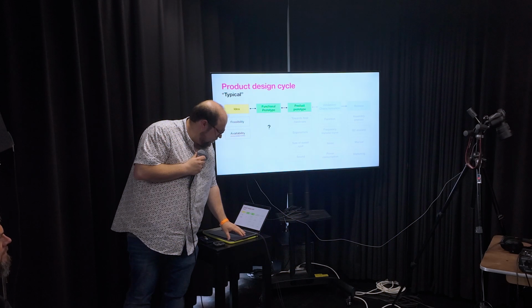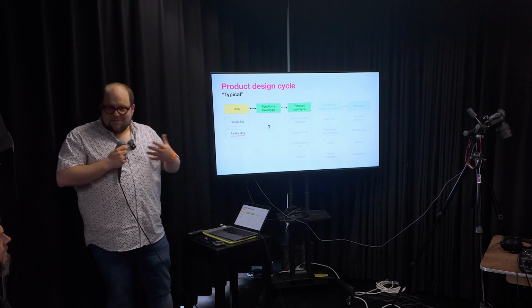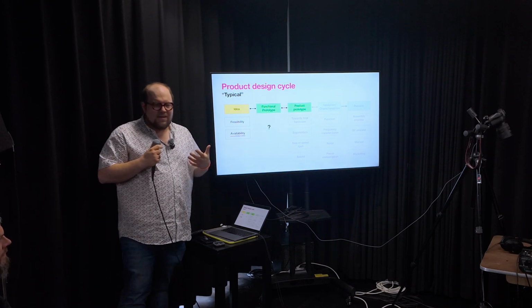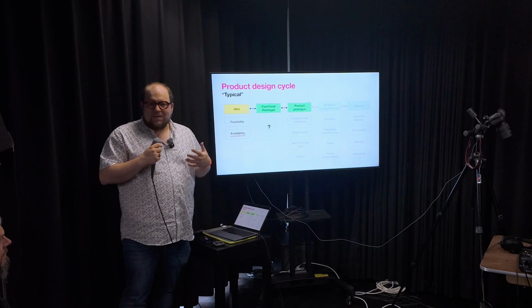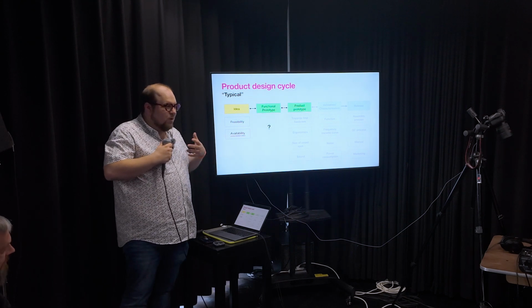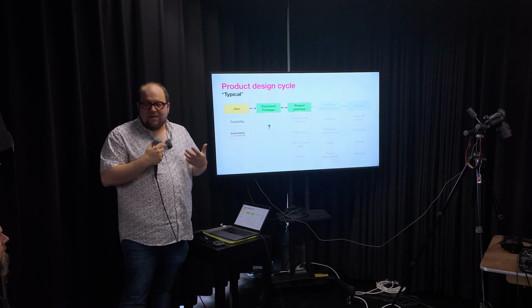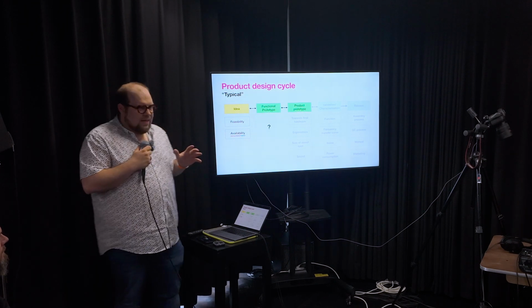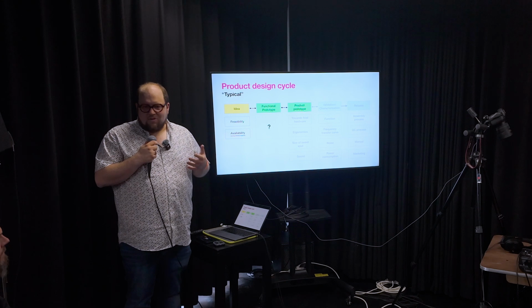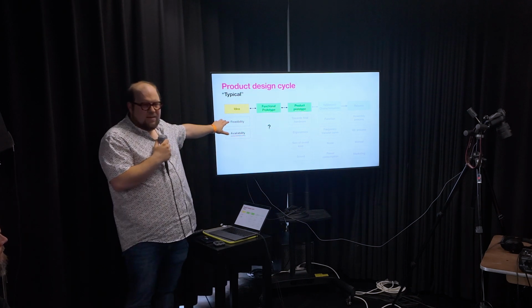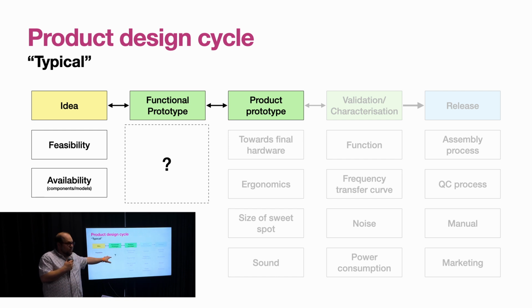So, to get back to the matter at hand, I want to give you some context for what I will be talking about today, or where this discussion is situated in my context. So typically, when you're engineering modules, you'll have a product design cycle, and it starts with an idea, then you go to a functional prototype, and then you go to a product prototype.